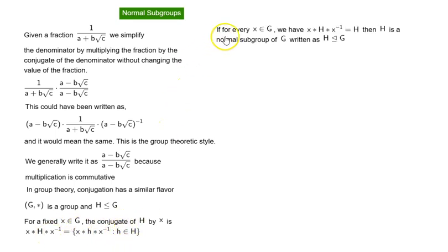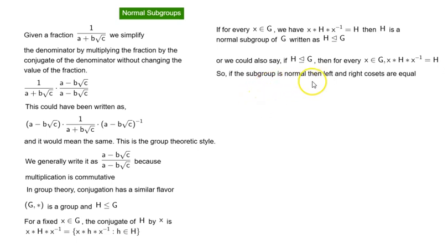Keeping this in mind, now we can say if for every element x of G, we have x times the subgroup H times the inverse of x equal to H, then H is a normal subgroup of G. And this is written as H, normal subgroup notation, G. Or we could also say if H is a normal subgroup of G, then for every x in G, conjugation gives us an element in H itself.